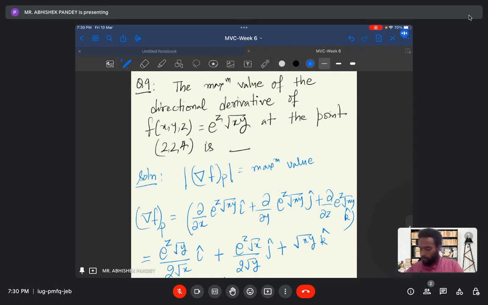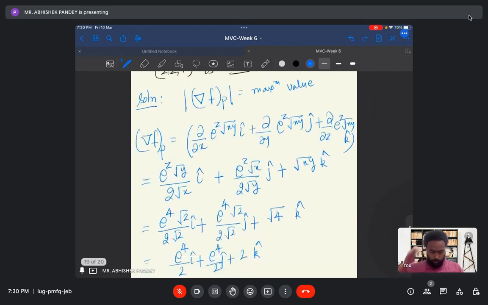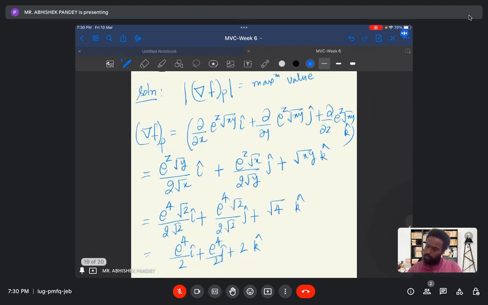Question number 9 is z root over xy. So this is del of p, z, into root over x into root over y plus e to the power z. Oh sorry, this would be e to the power z also, and this will be e to the power 4.